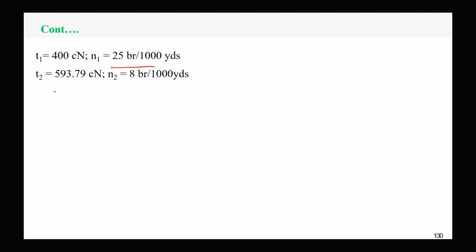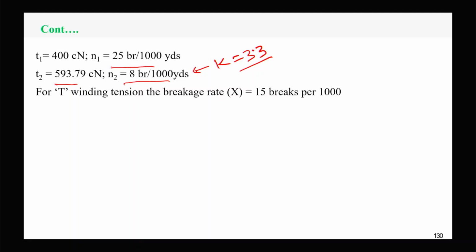T2 we have calculated as 593.79 centinewton for 8 breaks per 1000 yard, because we have used the constant K as 3.3. As we have used K as 3.3, it automatically represents the breakage of 8 breaks per 1000 yard.